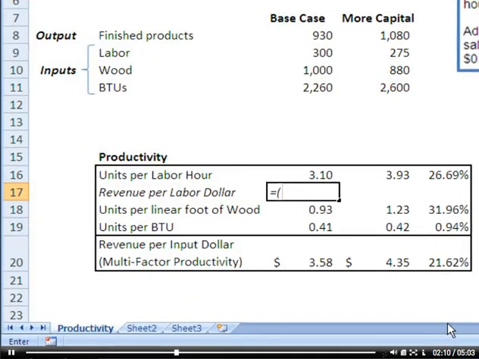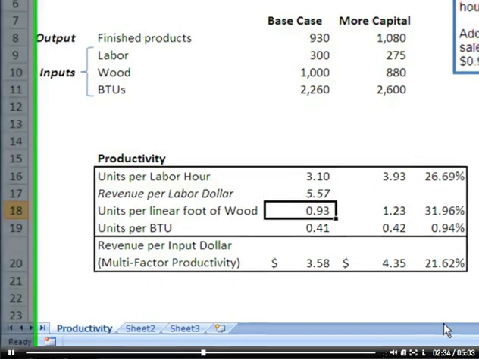So we'll take the finished product's output times the average selling price, and then we will divide that by our total hours of labor input times the cost of that labor per hour, per unit of input.